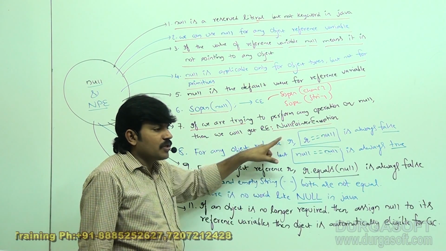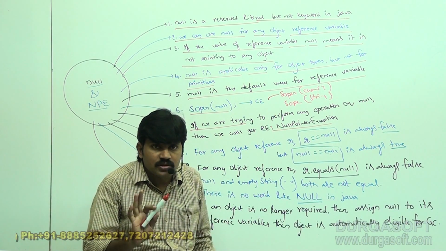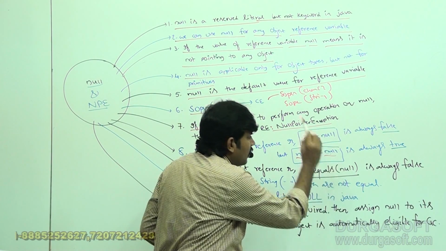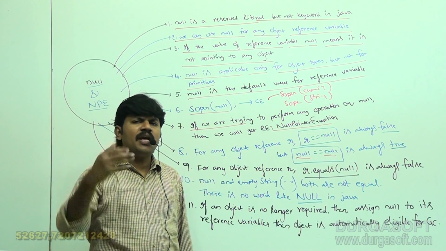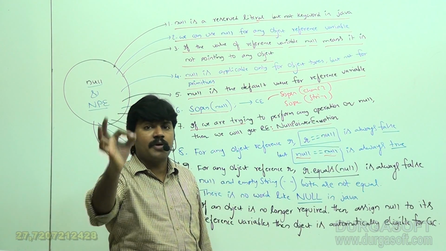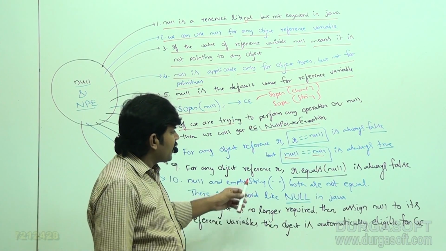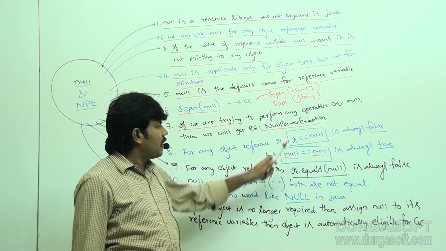For any object reference R, R double equal to null is always false. But null double equal to null is always what? True, sir. Is it clear for all of you? You can take any object reference, the double equal operator with an object reference and null is always false. But null double equal to null is always true, there is no problem at all, right?